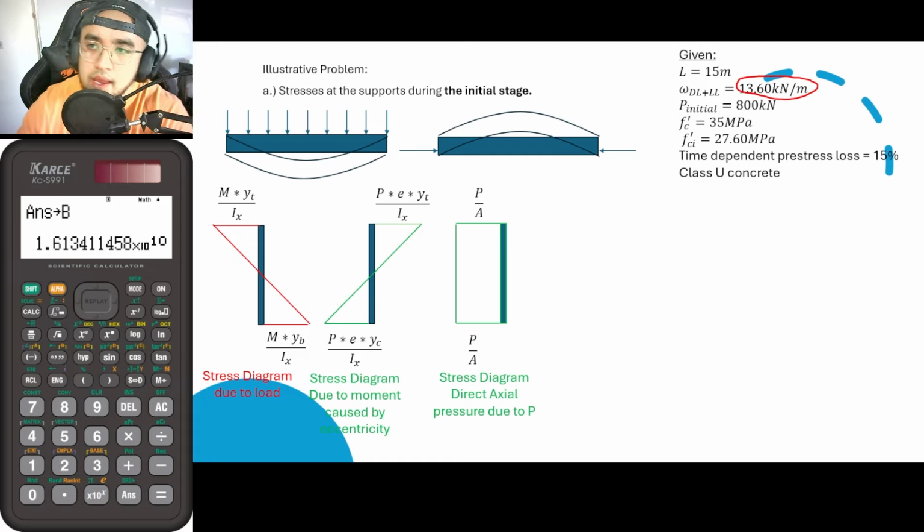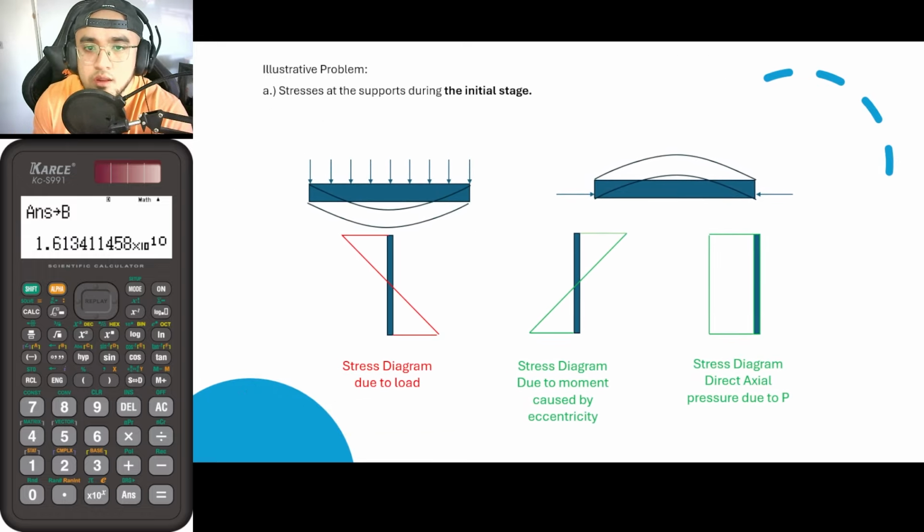So does that mean, guys, that we do not have loads at the initial stage? Actually, we still do, because even if we do not apply the superimposed load onto the member itself, it is still carrying its own weight, if you can still remember.